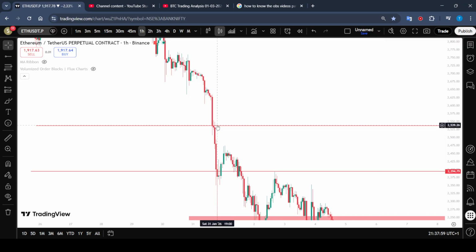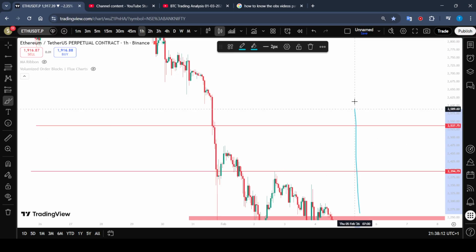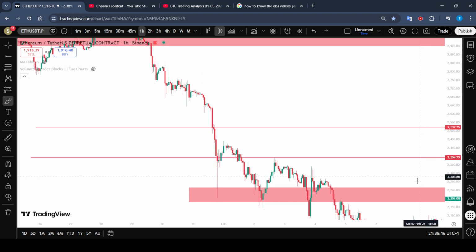But this is the place where the market has made a strong move. So always keep in mind that whenever a strong move is made, the market might also want to react in a similar way, using a strong move to take out that level. So we should just wait and see how the market performs.